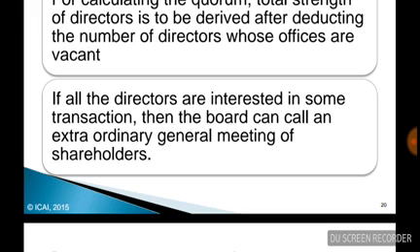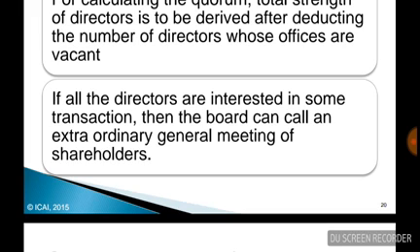The directors who voted in favor, or the directors who voted against the transaction, both have to be taken into consideration in determining quorum. That was the point said here.